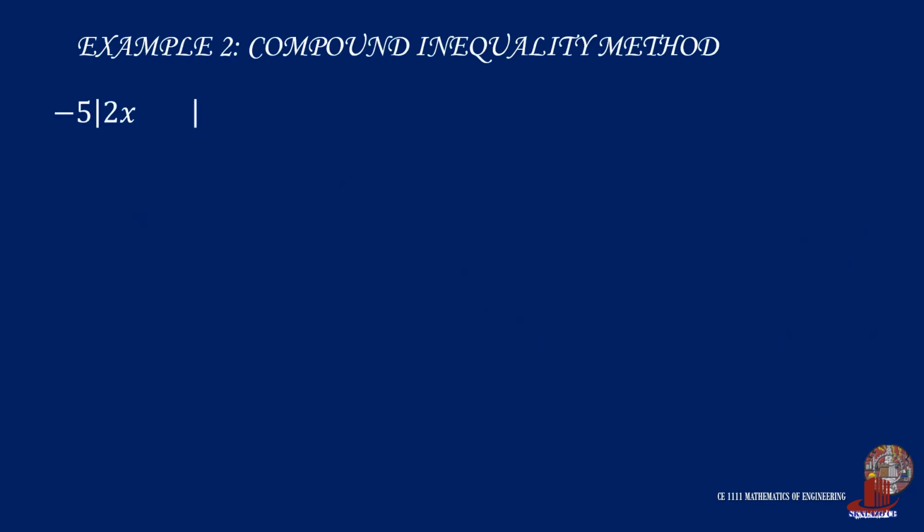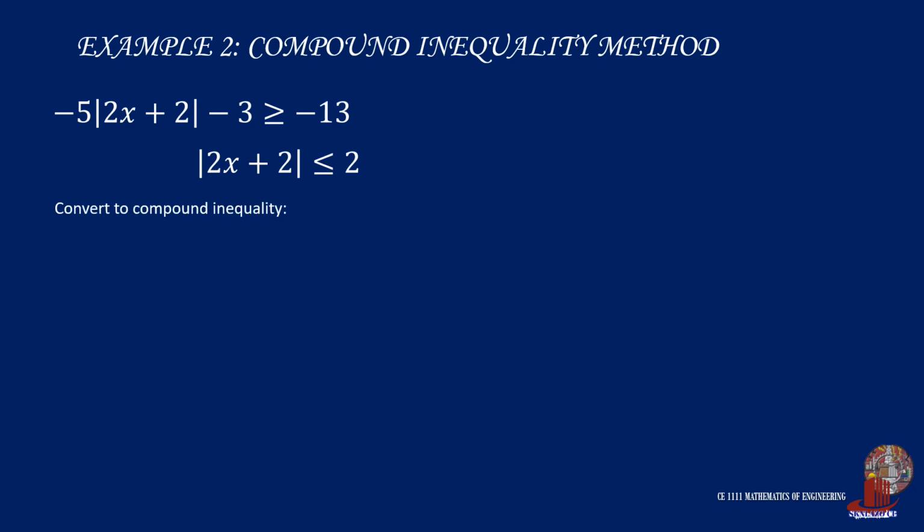With the same example, negative 5 multiplied by the absolute value of 2x plus 2, and this is less than 3, is greater than or equal to negative 13. Recall that this is simplified as the absolute value of 2x plus 2 is less than or equal to 2. Instead of working in two groups from this inequality, we convert it by placing 2 on both sides, one as positive and the other as negative.